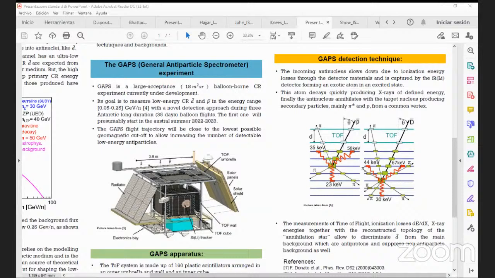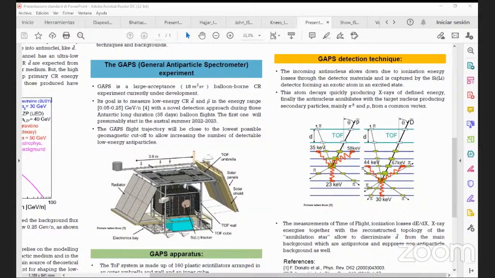This atom will decay quickly, producing X-ray emission, and the antinucleus will move to more bound states until it annihilates with the nucleus, producing what is called an annihilation star, emitting secondary particles, which are pions and protons.